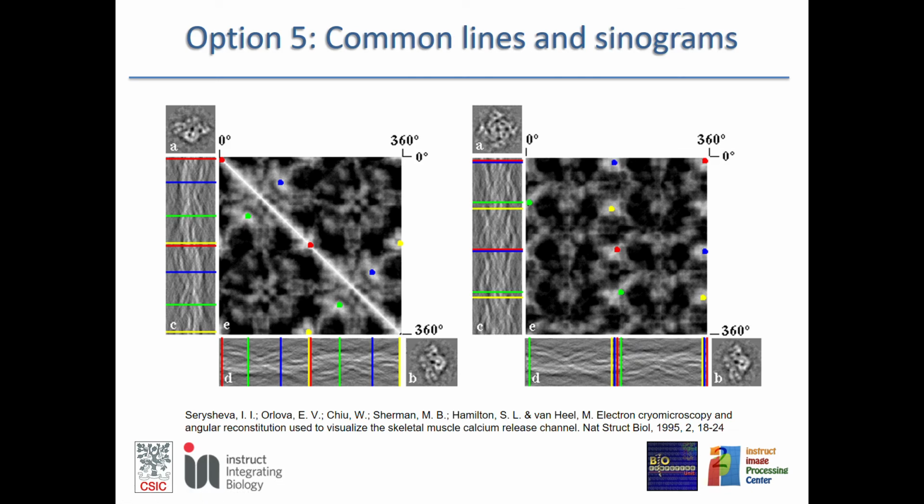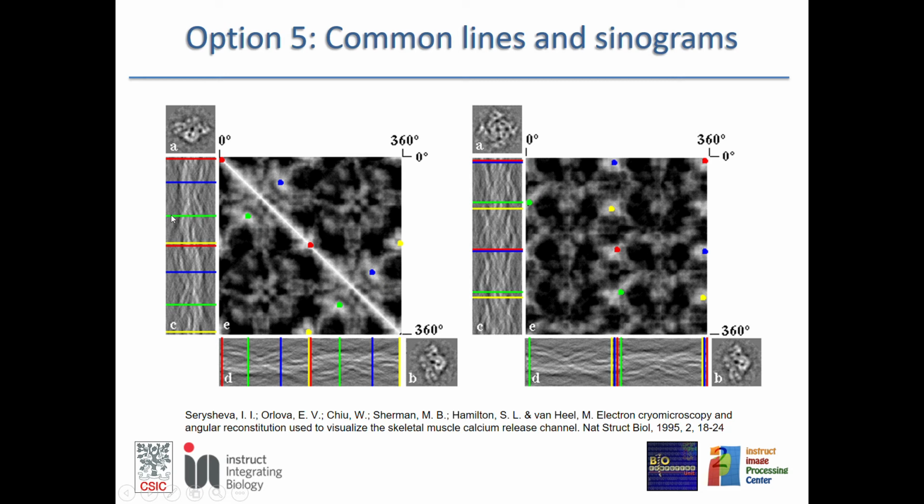And it can be proved that identifying the common line between two images can be solved through the sinogram. Let's say I'm interested in the common line between this image and this image. I can transform this object into its sinogram, and this object into its sinogram, and then take vertical lines and compute the correlation between these vertical lines.